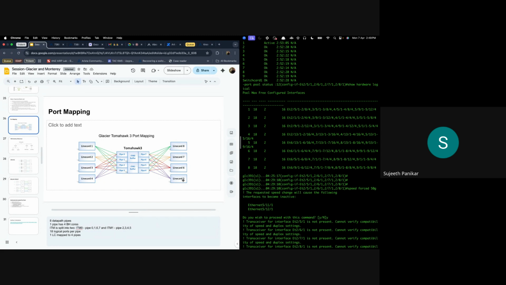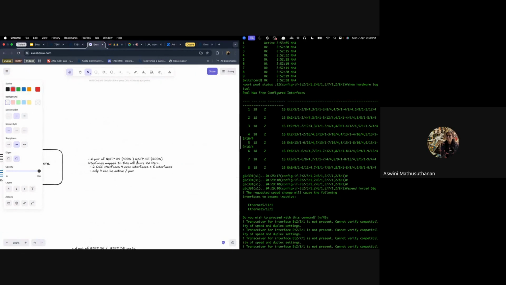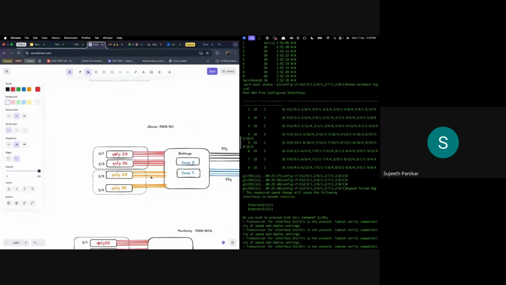Even within the line card, let's say within line card 2, I have 2/5/1 to 2/8/4. Within that also, we zoom in to this limitation because the core is mapped to 2 cores on the gearbox, and there you also have an odd and even pair.